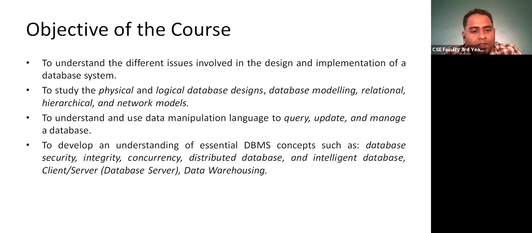Now next is to develop and understand essential database concepts such as data security. So how you are going to provide security, and integrity constraints are there. Like there is a primary key. Each and every person has some fields or values that are unique.